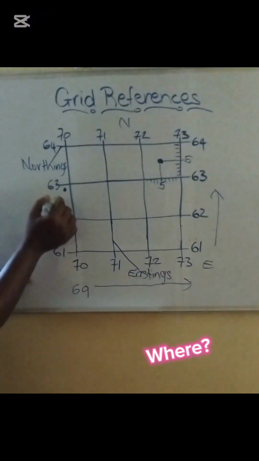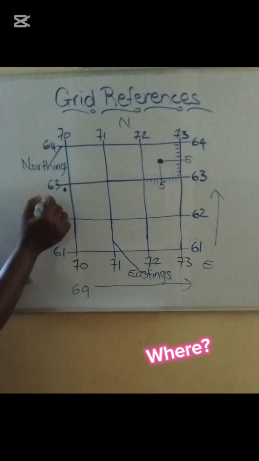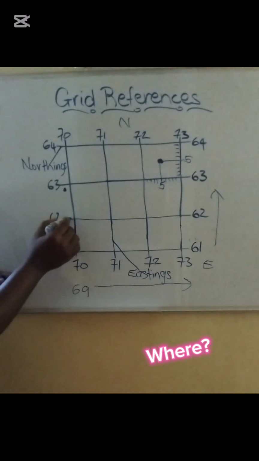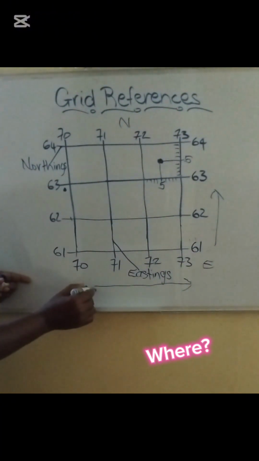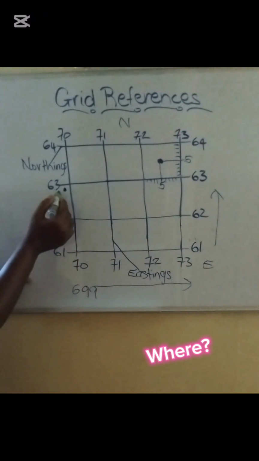And we can see that if we should have another line here and we're segmenting, because it's almost 70, here would be about 9, okay? So this would be about 69, 9. And then we're going up now for the northing.